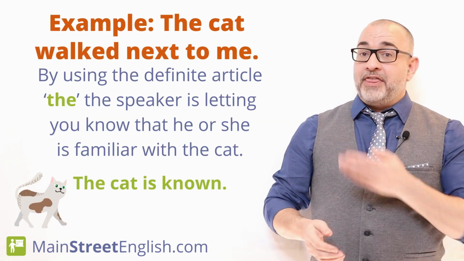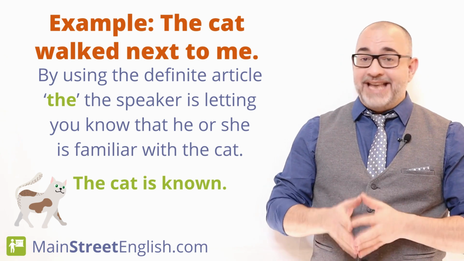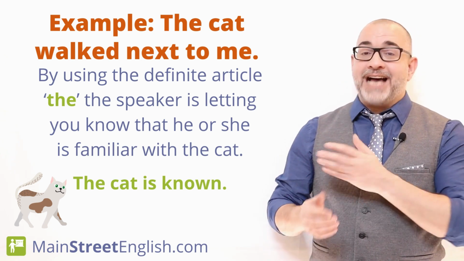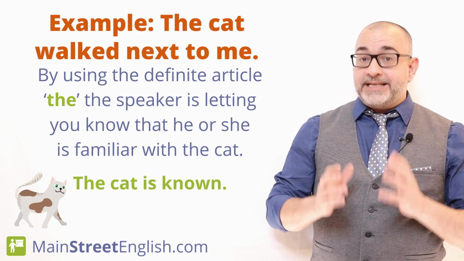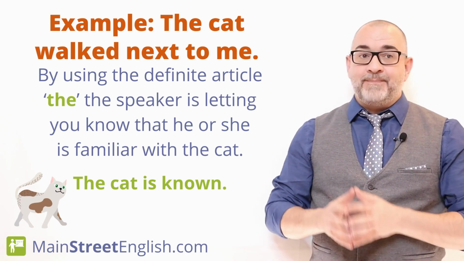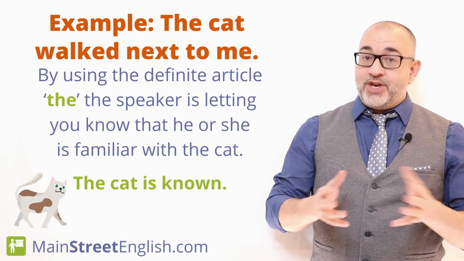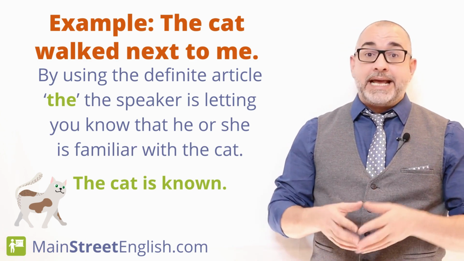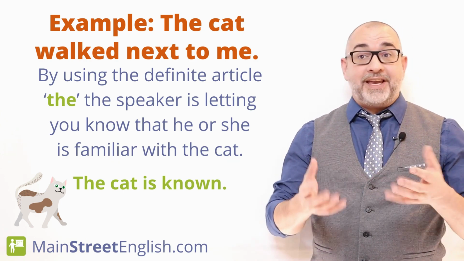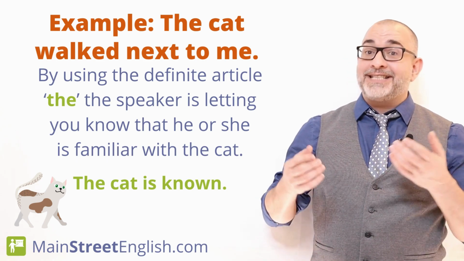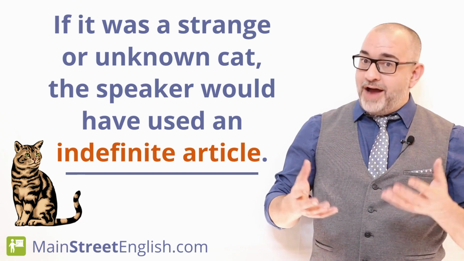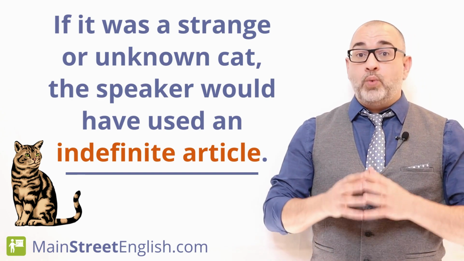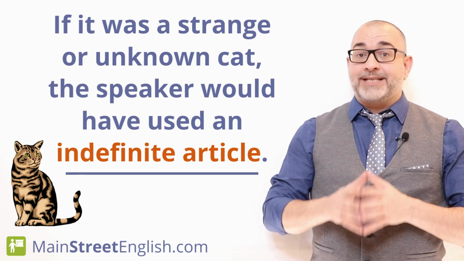For example, the cat walked next to me. By using the definite article the speaker is letting you know that he or she is familiar with the cat. The cat is known. If it was a strange or unknown cat, the speaker would have used an indefinite article.